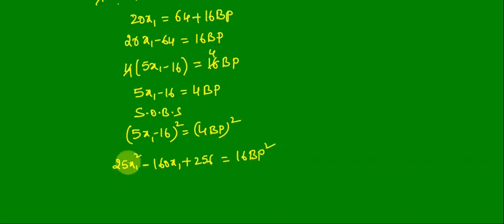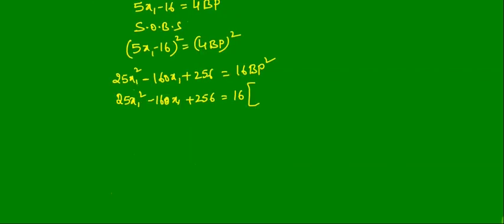Now see here, this will be as it is: 25x1 square minus 160x1 plus 256. On the right hand side, if you again observe, 16 I'll write outside, and BP square means again we need to find the distance between B and P. So what is the formula again? The points I'll write here.